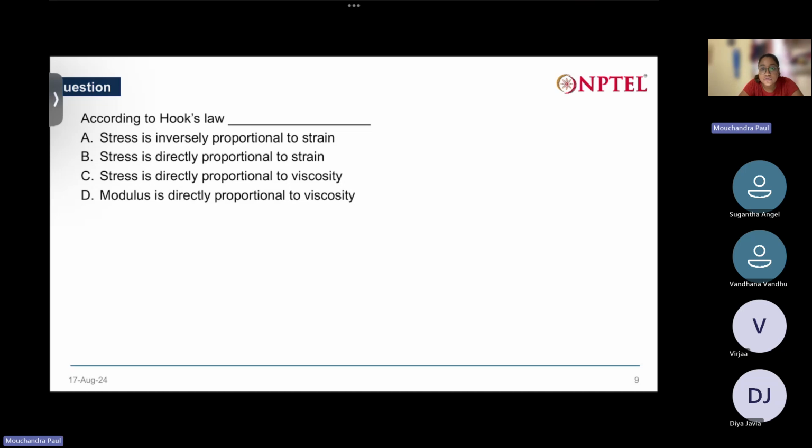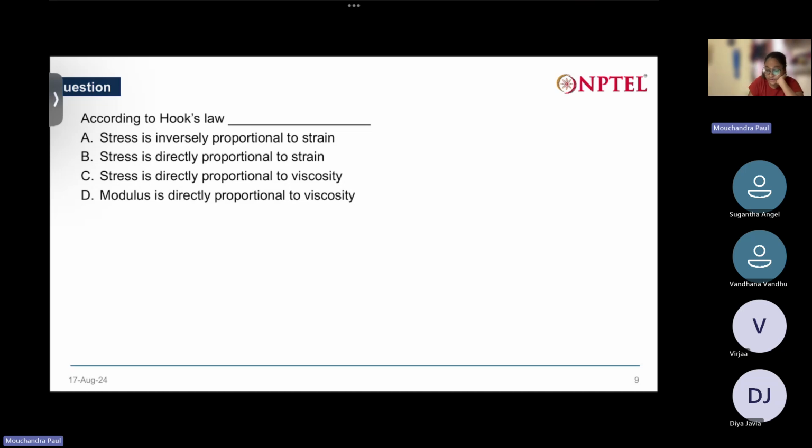Now, according to Hooke's law, what is correct here? Anyone? What is Hooke's law? Option B. Yes. But what about others? Familiar with Hooke's law? Hooke's law basically says that stress is directly proportional to strain.